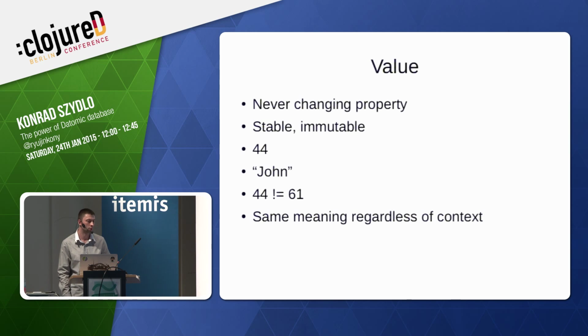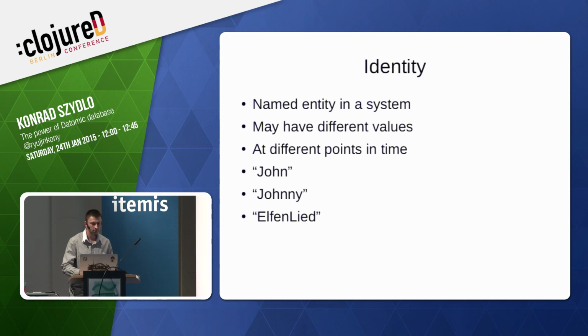An example of value would be number 44 or string John. And it wouldn't make sense to say that number 44 equals 61. They are different. And value has got the same meaning regardless of context. So 44 orders or 44 customers, they all use value 44, although in different contexts.